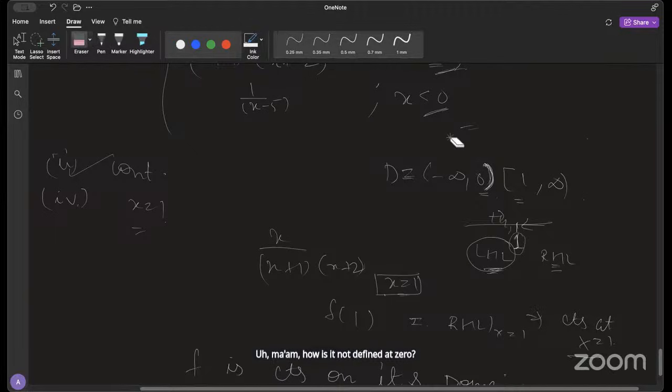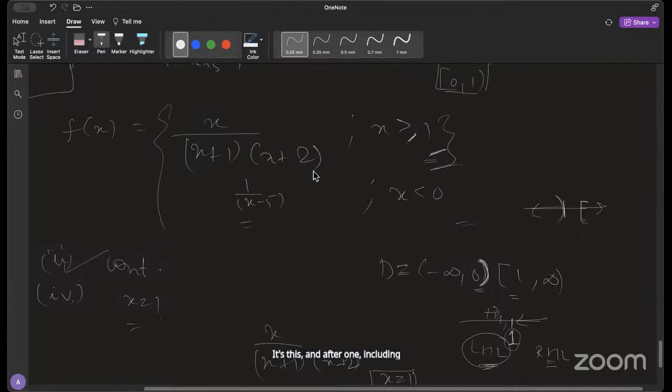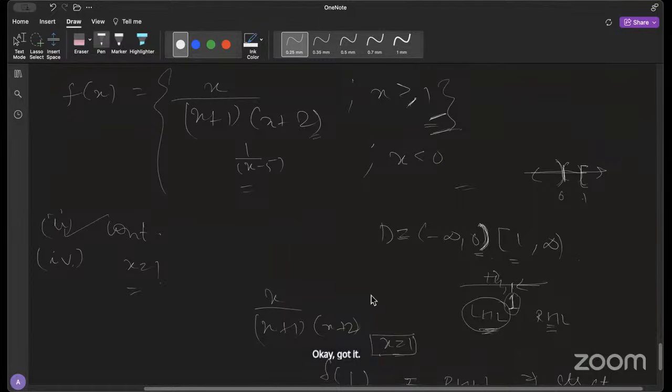Because your question says for x less than 0, the function is this. That means before this part, it's this, and after 1, including 1, it's this. Okay, got it. For this part, it's not defined. And x equal to 5 is included because it goes on the upper part.